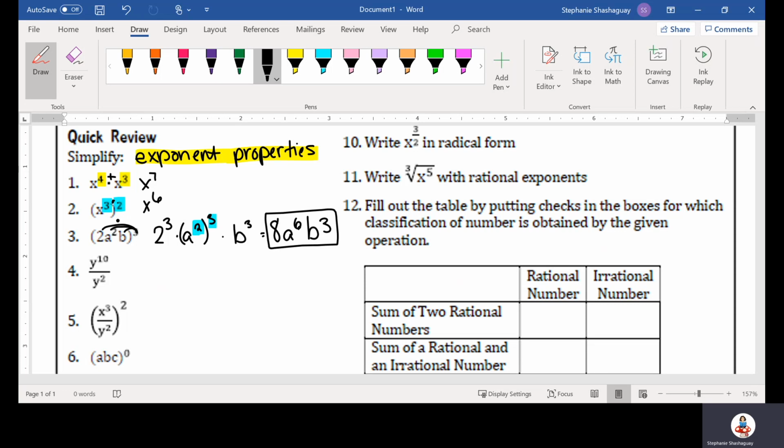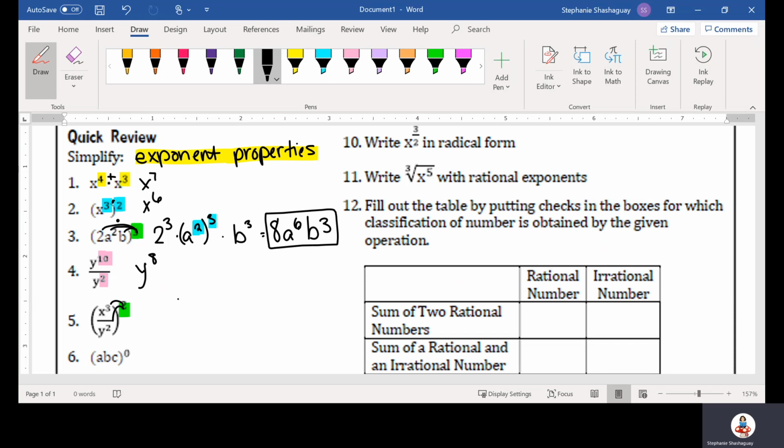Number 4, that's our quotient power rule, and so we're going to take that 10 and subtract 2, so we get y to the 8th power. Now number 5, just like we did in number 3, where we had to distribute that to 3 terms, we're now going to distribute that to both terms in the parentheses.